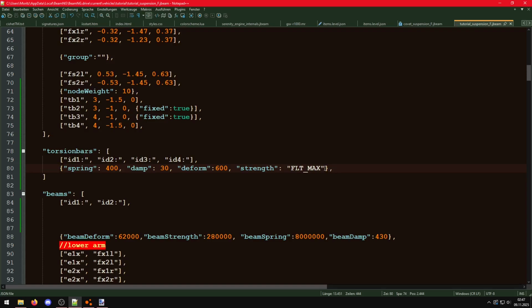You can make the torsion bar anisotropic, which means that it uses different spring and damp values depending on which direction the bar twists. To do that, you just have to add the spring 2 and damp 2 arguments.